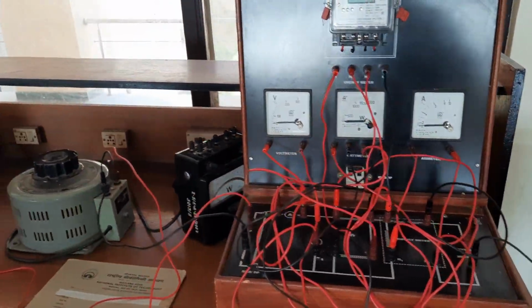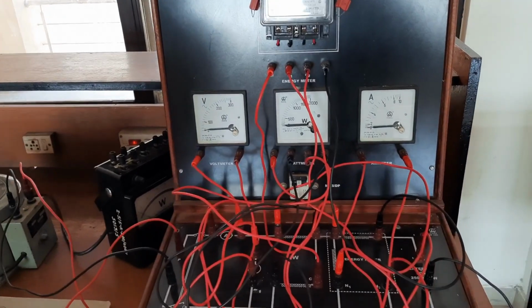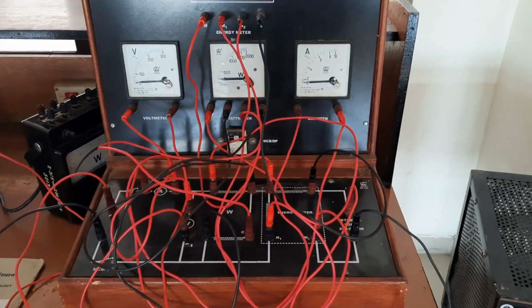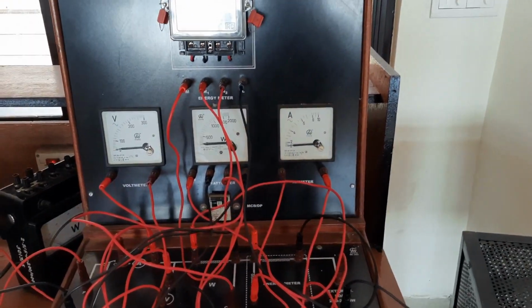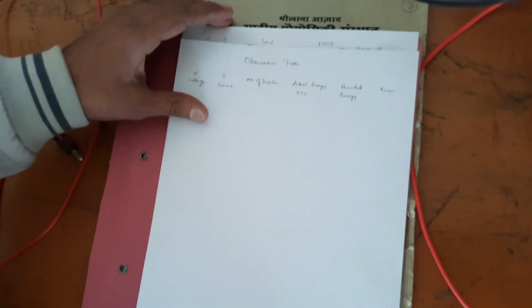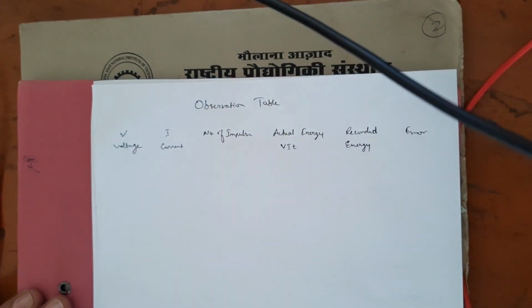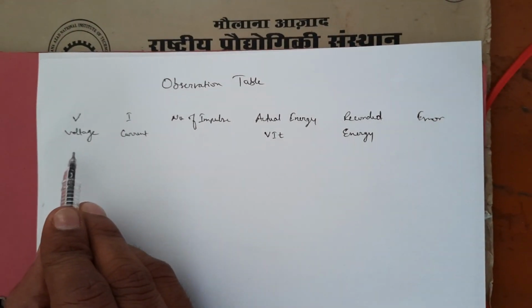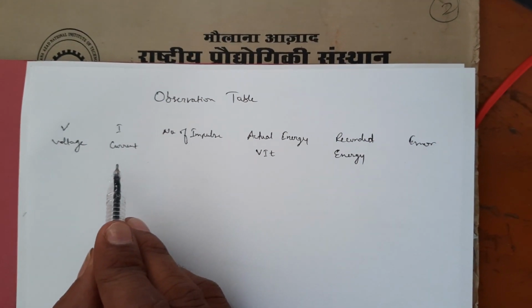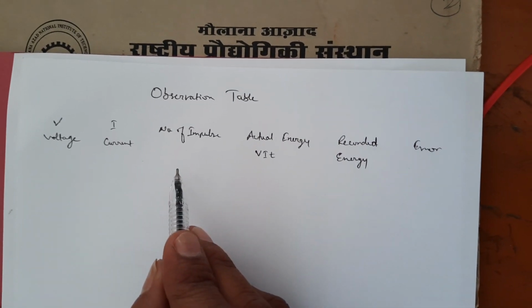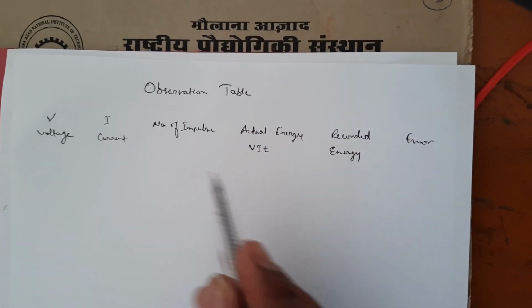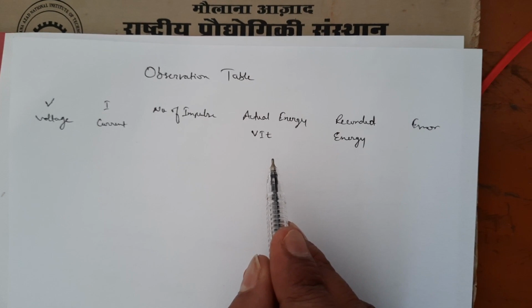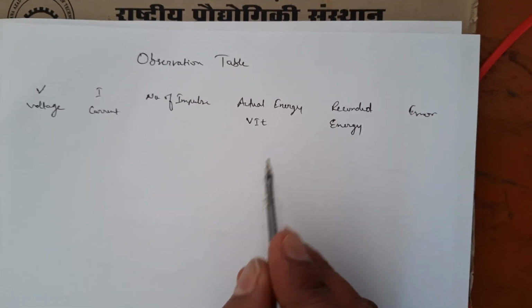Now what will be the procedure for this and what are we observing? This is your observation table. Here you have to observe the value of voltage in the voltmeter, value of current in the ammeter, and the number of impulses on the energy meter. Then the actual reading will be calculated using V into I into T in kilowatt hours.